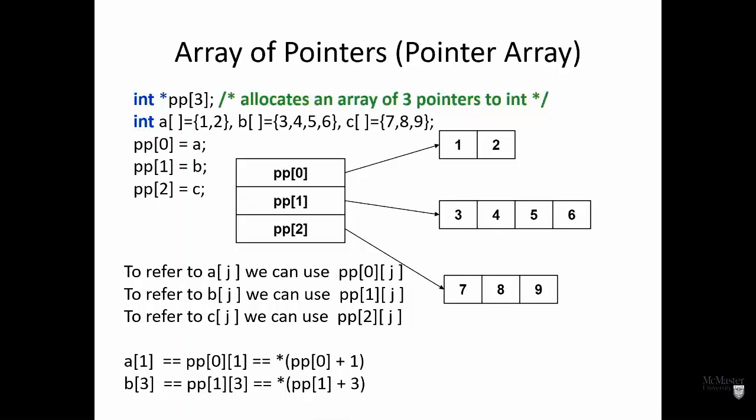Okay, so let's take it step by step. A[1] is 2, right? BB[0] is an address; by doing BB[0] equal A, it is going to be the address of the first element of A. Replace BB[0] in your mind with a pointer to the first element of the array.